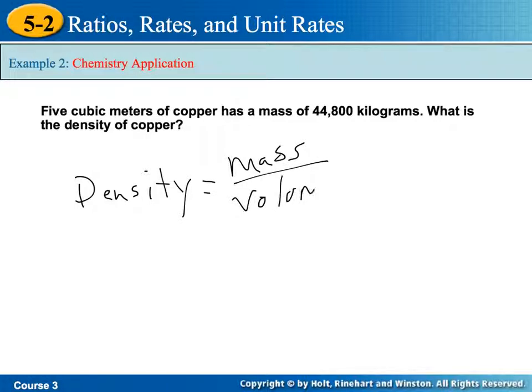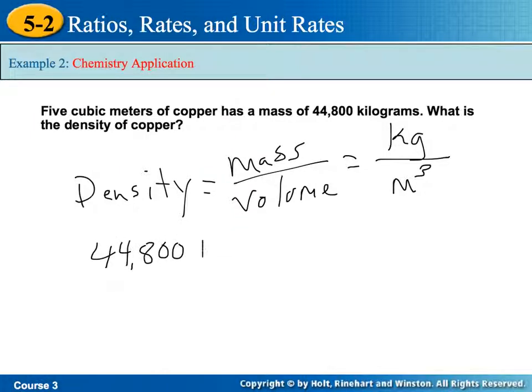Okay, mass is going to be your kilograms and your volume is meters cubed. Okay, so when we do this, we plug in the numbers that we know. So it says, what is the density of copper? Well, we need to take 44,800 because that's my mass, kilograms, over 5 cubic meters.